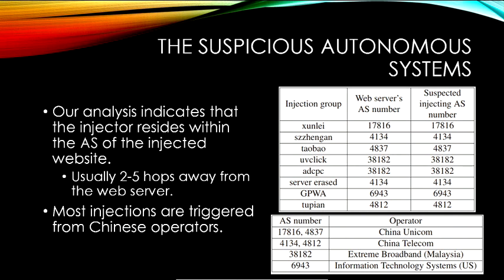Actually, for the American ISP, we know that it was not directly responsible for the injection, because it was a victim of an attack in which the attacker simply compromised one of its routers, and then used this compromised router to attack other users, in this case, a gambling site.